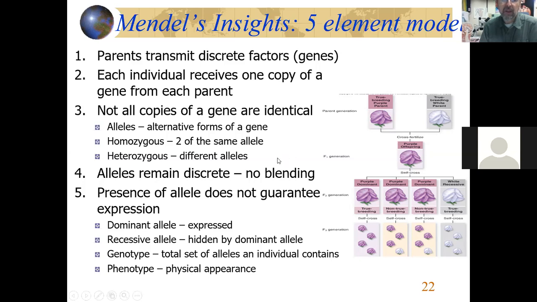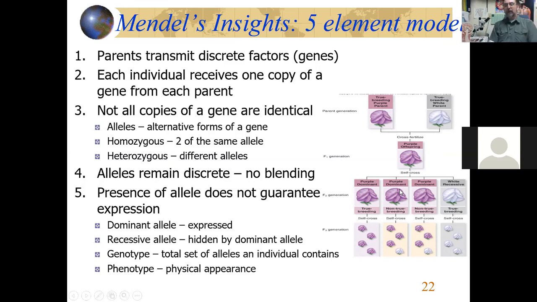Sometimes those individuals had genetic information that could remain hidden. And so he referred to these as recessive traits, and traits that showed up all the time he called dominant. And that individuals could carry 2 copies for each trait, 2 copies of genetic information. They could have 2 copies of the same allele, so they were true breeding, or copies of different alleles, heterozygotes, where they were not true breeding.